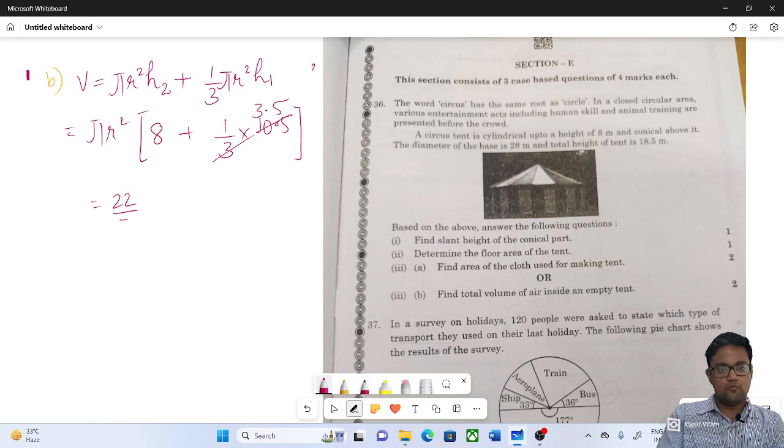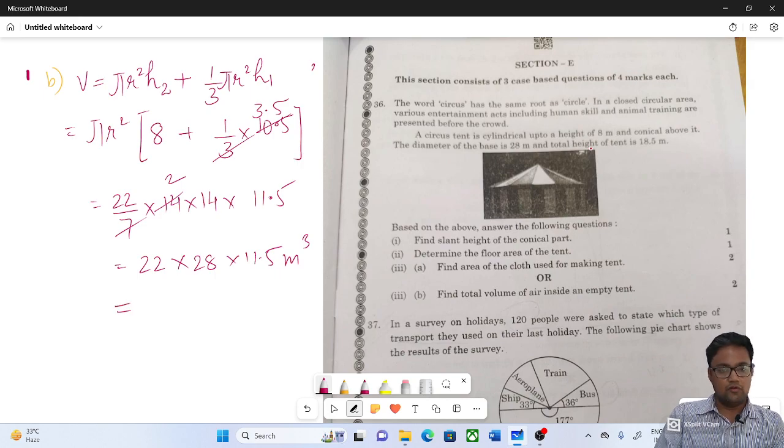So, 22 by 7 into 14 into 14, that is r square, and into 11.5. So, again cancellations will happen here. 22 into 28 into 11.5 meter cube, because you are calculating the volume.